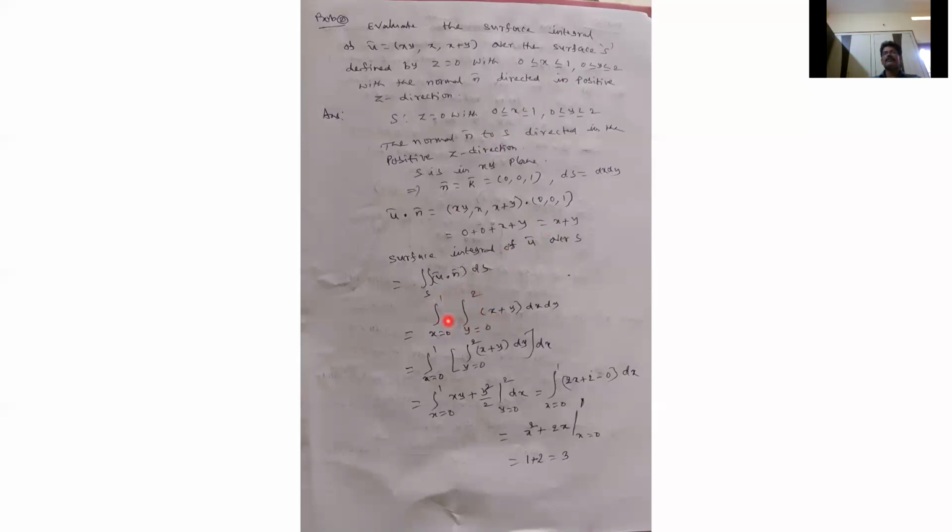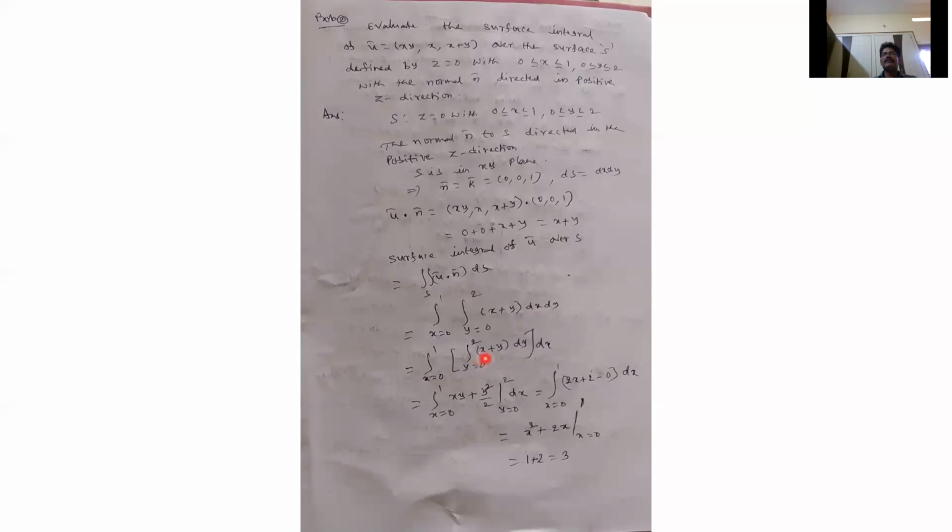So the limits are x equal 0 to 1, y equal 0 to 2, of (x plus y) dx dy. You can do this double integral since the limits are constants. You can do first y and then x, or with respect to x and then y. There is no problem. First we do with respect to y. So the integral from 0 to 2 of x plus y dy.